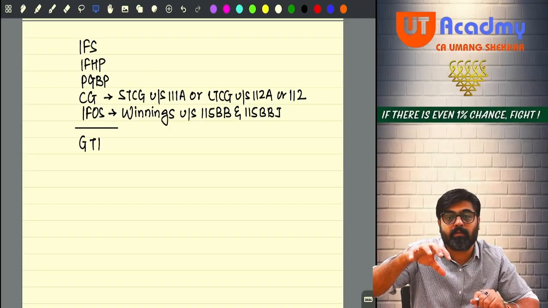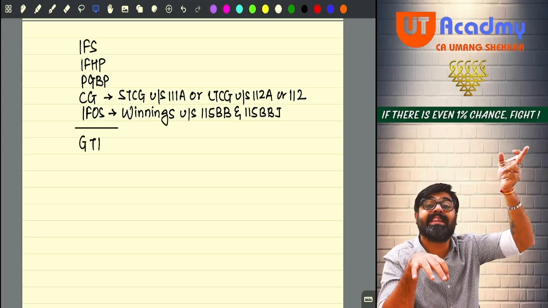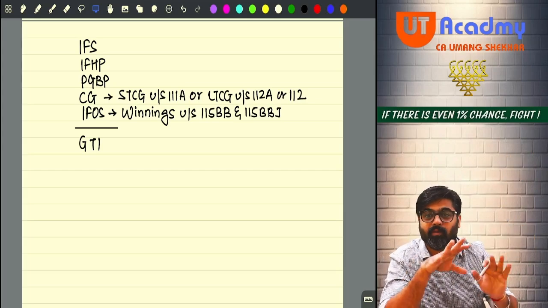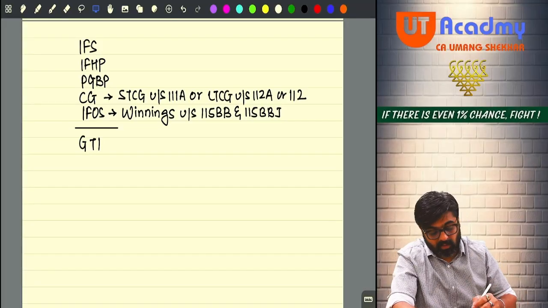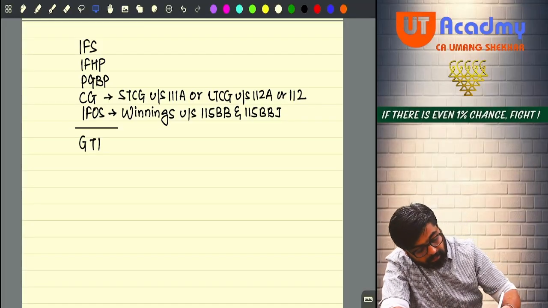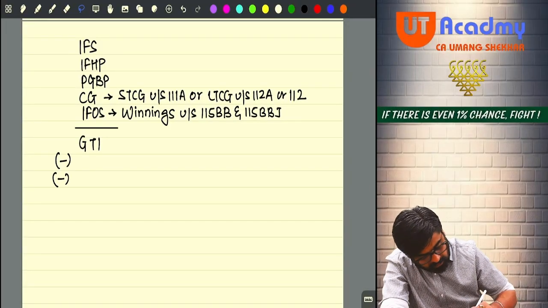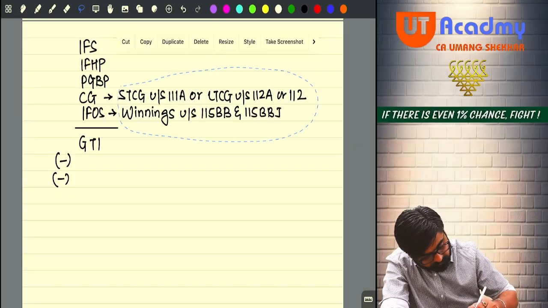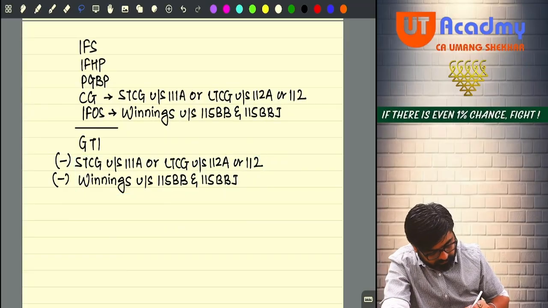Because these incomes are to be fully included in the total income without taking any Chapter 6A deduction. So what I will have to do first, from my GTI, I will have to reduce these incomes.